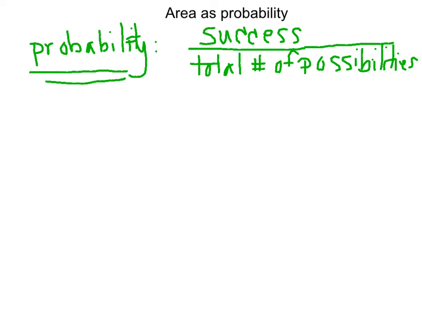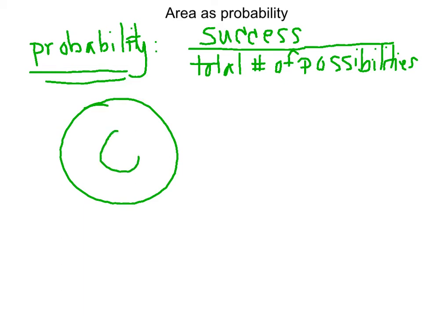So here's our first thing. We're going to have a circle here, and inside it we're going to have another circle. They share the same center, and I'm going to tell you what the radius is. For the smaller circle, the radius is going to be 6, and for the larger circle, the radius is going to be 20. We'll say inches here.